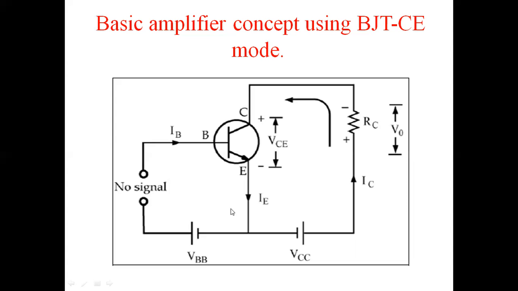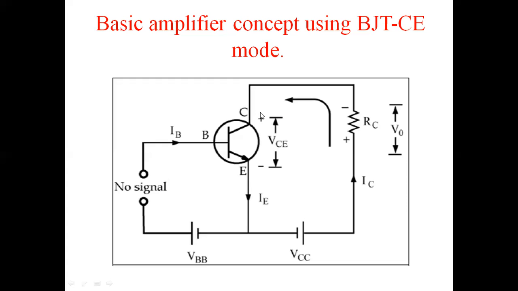If you observe this diagram, there is no input signal at all. So whenever there is no input signal, how is it going to respond? Next, the emitter base junction.